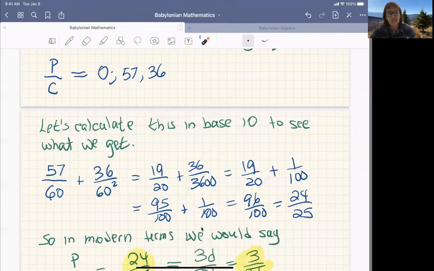And if you had more digits, you divide by 60 cubed, 60 to the fourth, etc. And then you just simplify, you'll get a decimal, or you could write it as a fraction. But the point is that again is not too hard to do as long as you understand that these represent numerators and the denominators are powers of 60.